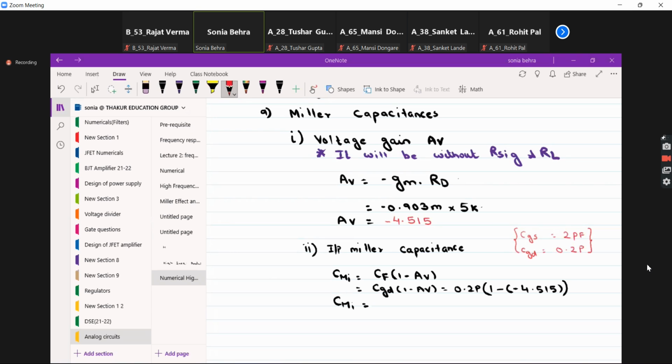Tushar, 1 minute. Let me check it. Yes, Tushar, both the values are right. Others, please start putting the values. Give me CMI.